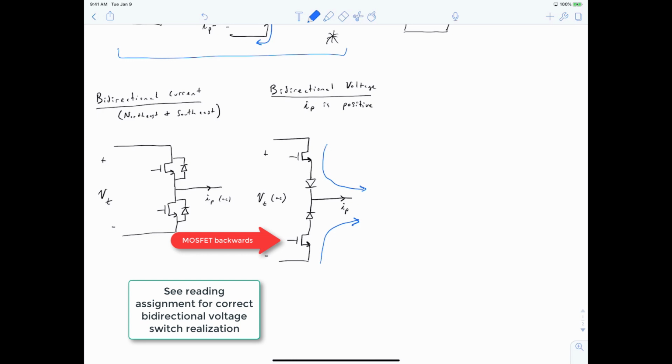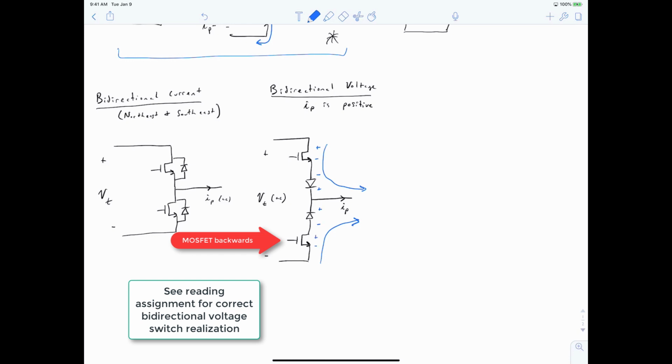The diodes are again pointed in the direction that we want to be able to draw our currents, but they provide protection for the MOSFET so they can block the AC throw voltage. So this diode can block a voltage like this, while this MOSFET can block a voltage like this. And similarly on the bottom.